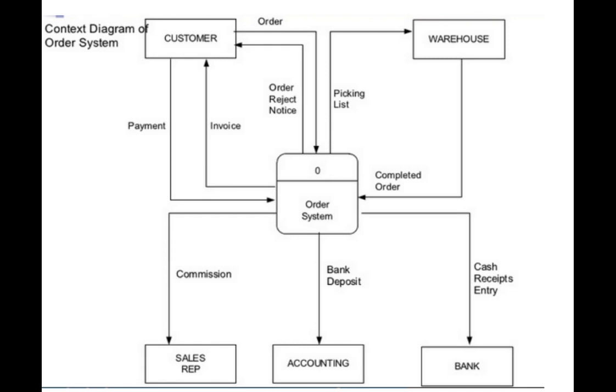Whenever we draw a data flow diagram, the context diagram is the first diagram, and we will get an overall idea, or we will understand what are the stakeholders or entities involved and what is happening, how the data is moving. The overall general picture can be understood from the context level diagram of this system.